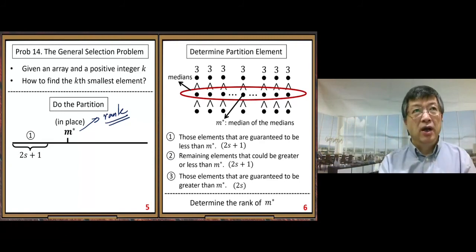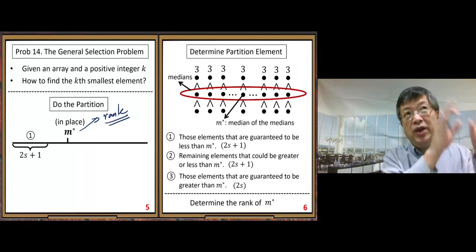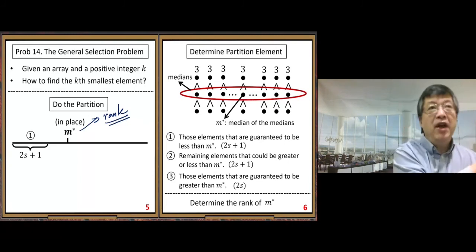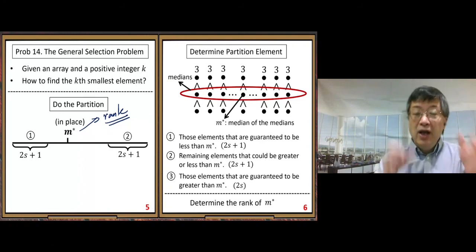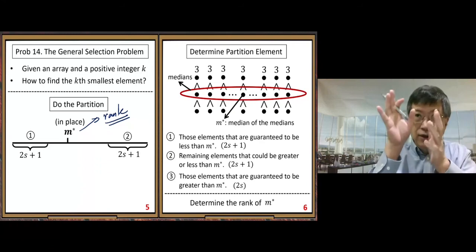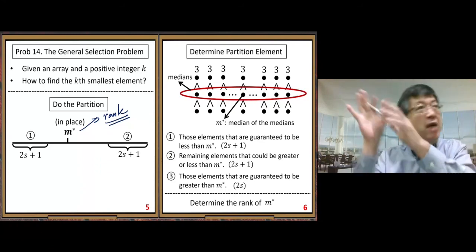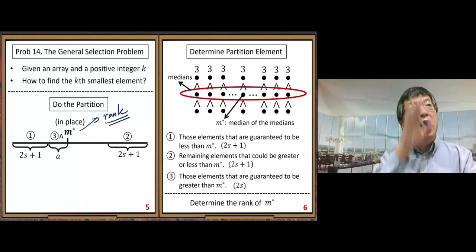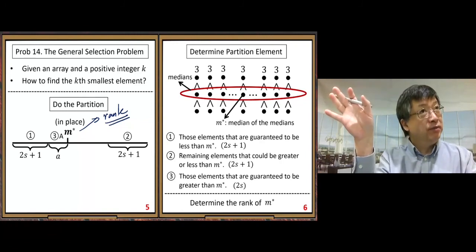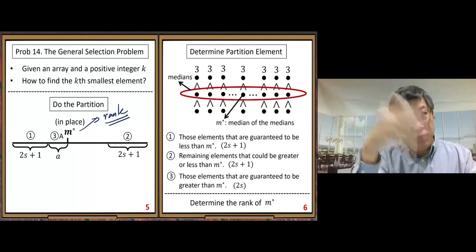Step 1 elements, 2s plus 1, we know we need to arrange at the left-hand side of M star. Similarly, step 2 elements, 2s plus 1, we arrange at the right-hand side of M star. The remaining 2s elements, after we do 2s comparisons, that is the cost we pay.